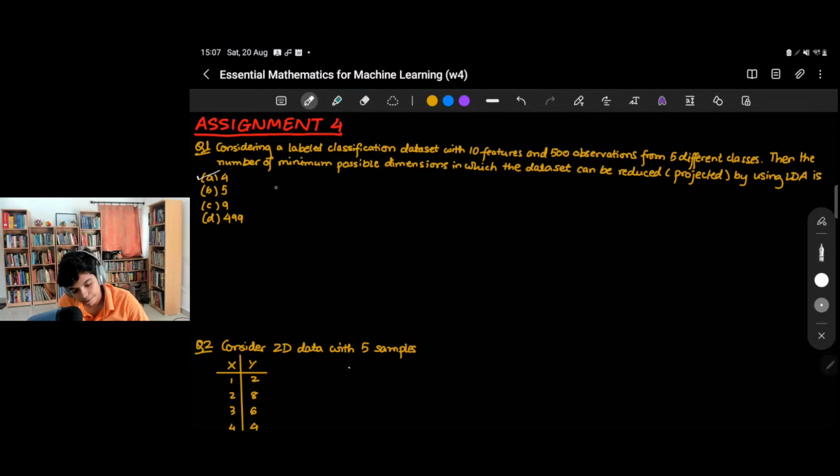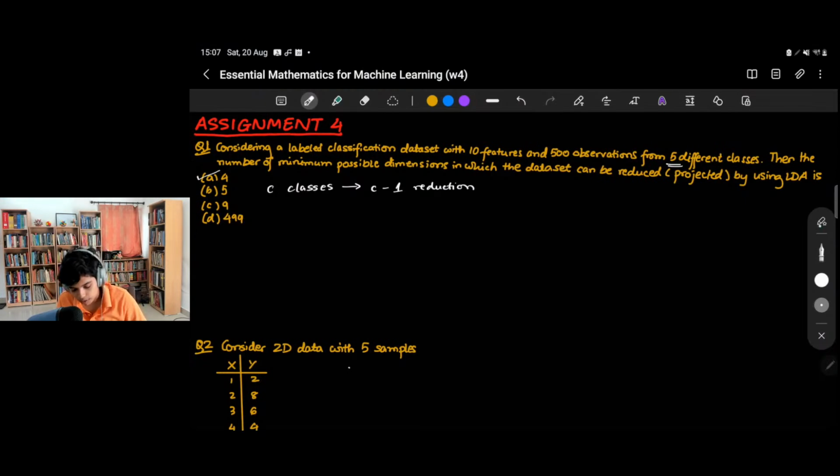Why? Because if we have C number of classes, then with LDA we can go to C minus 1 dimension. So in the reduction you would have C minus 1 dimensions. We have 5 classes over here, so 5 minus 1 is 4.